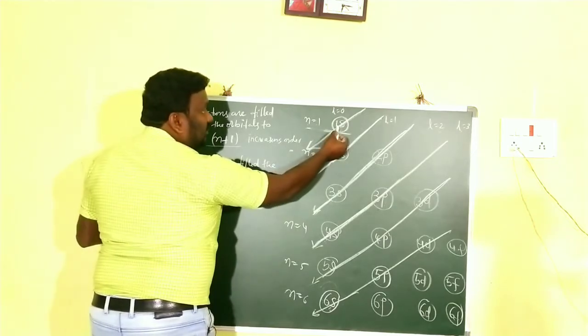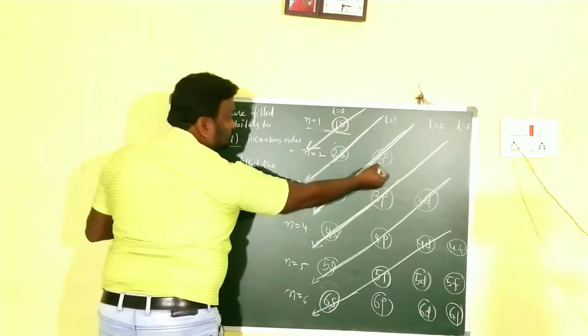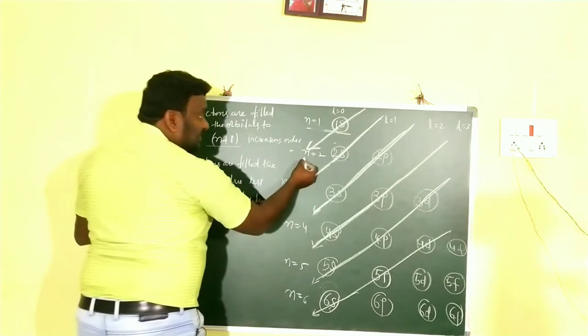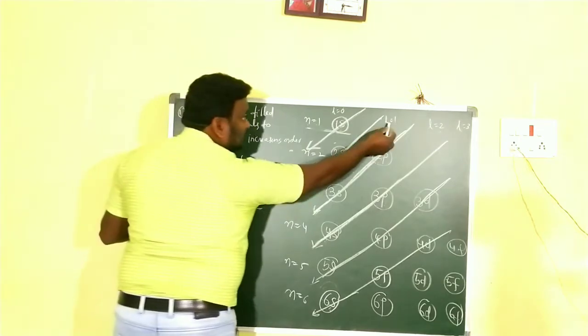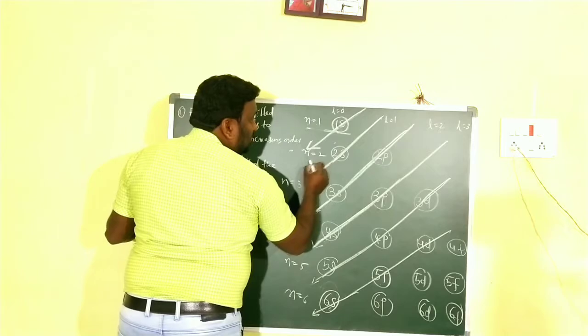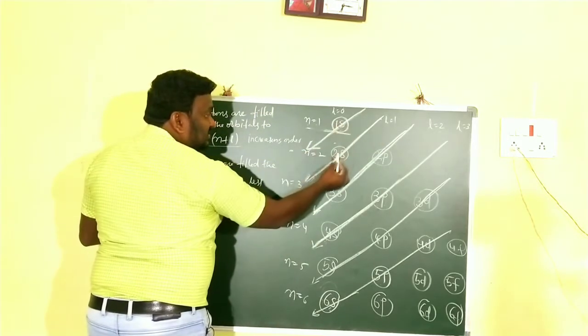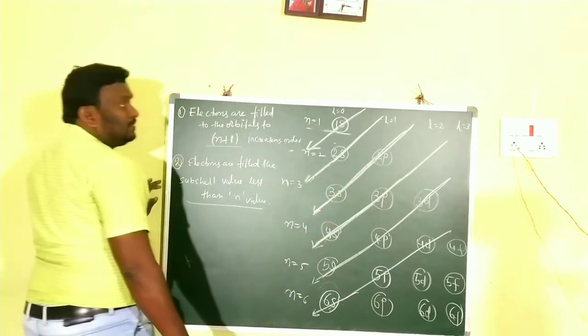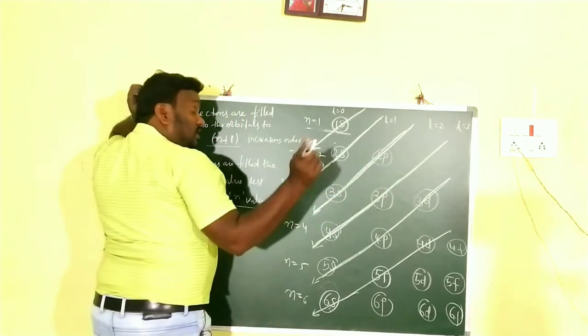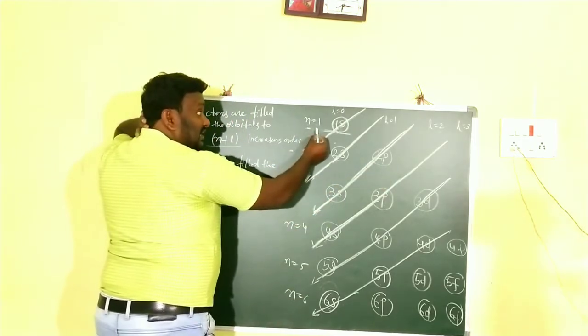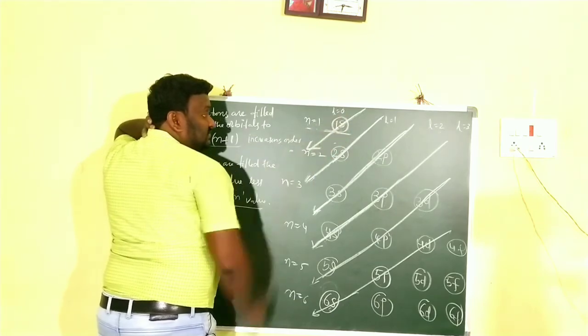After that we have to fill 1s, next 2s, then 2p. Here n equals 2, l value is 1, 2 plus 1 is 3. That means this is 1, this is 2, this is 3. Clear? Don't get confused. Here n equals 1 and the l value is 0, so it is 1s.